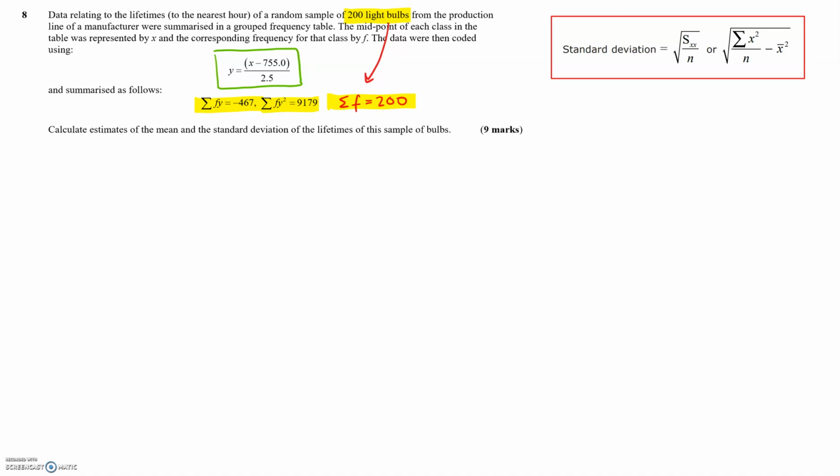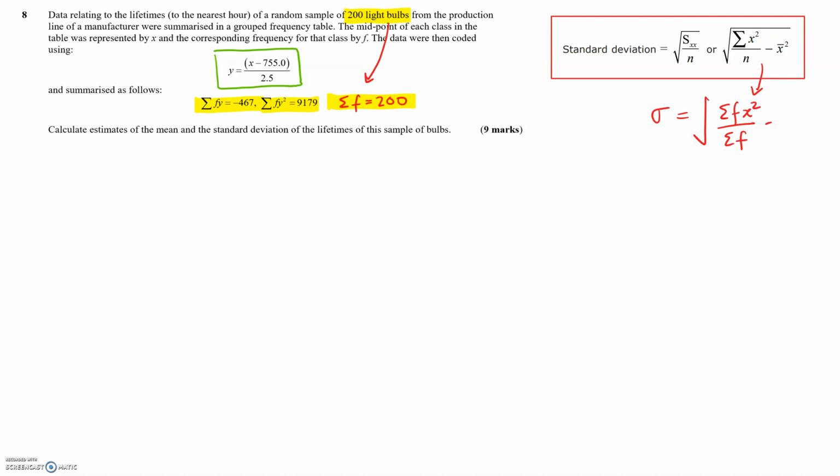So I've put the standard deviation formula up because it's in the formula book, and how this compares with a grouped frequency table means we just put F's in there basically. So it's going to be, for a standard deviation, the square root of the sum of F times X squared over N, where N is your sample size, so that's the sum of the frequencies, minus X bar squared.